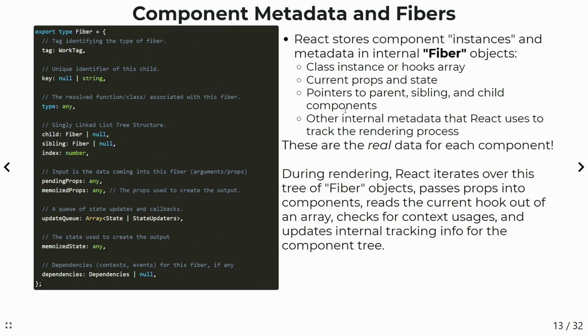So if I render a to-do list component with 10 to-do list item components inside, React is going to create 11 of these fiber objects, one for each component instance. And it keeps track of what is the type of the component, what is its current props, its current state, any of the hooks that are attached to it, children, siblings, and a bunch of other internal data. And so these represent the actual current component tree.